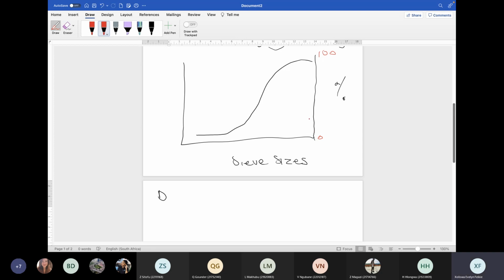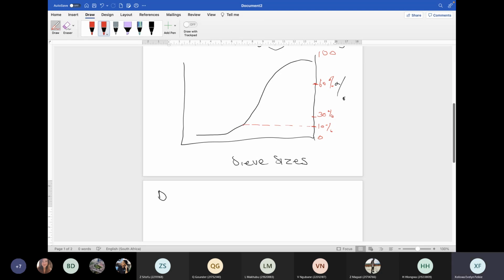0, 10, 20, 30, 40, 50, 60. Okay, let's say this is 10, this is 30, and maybe this is 60. When you're determining the value of D10, D30, and D60, what do you do? At 10%, at 30%, at 60%, you will draw a horizontal line.